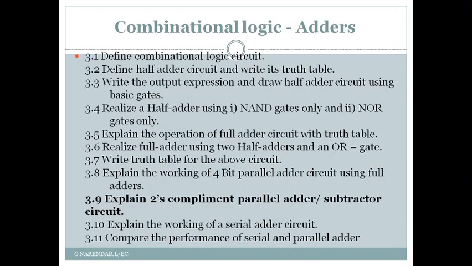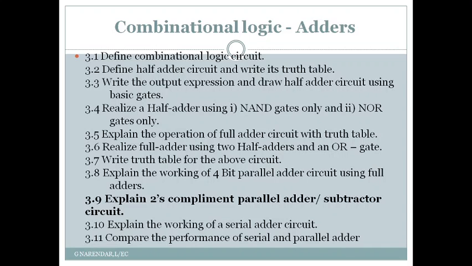And in today's lecture, we'll be looking at how to convert, with a little modification, the same circuit to perform both addition and subtraction of the data of 4 bits. And that is called a combinational logic circuit.